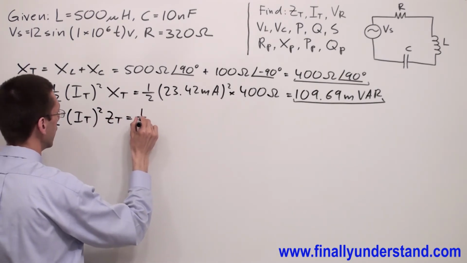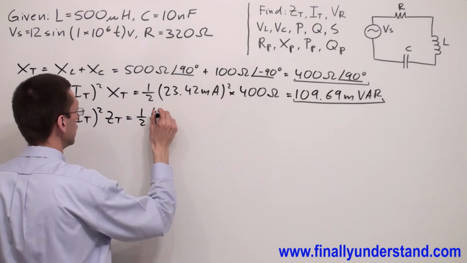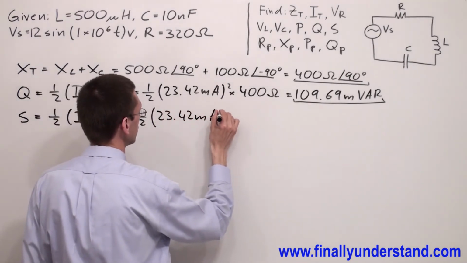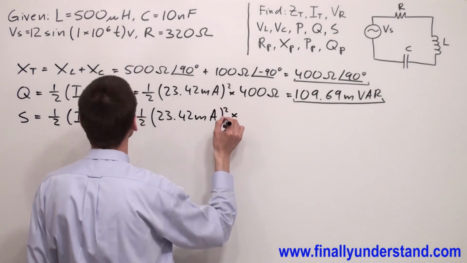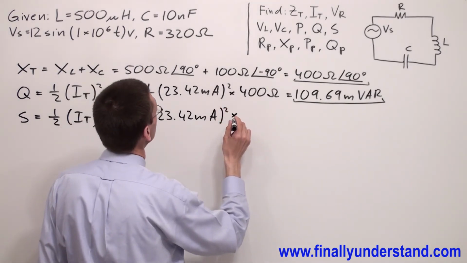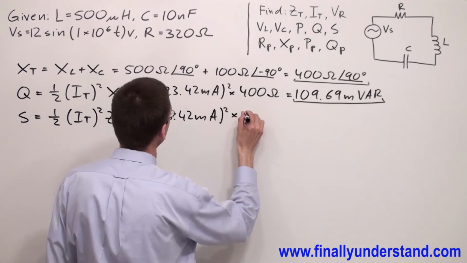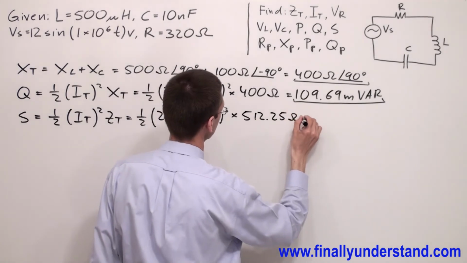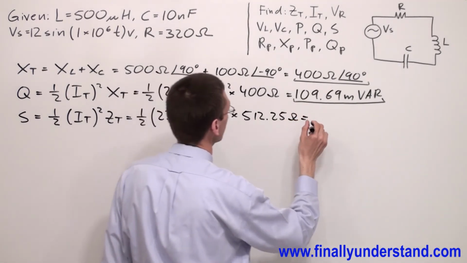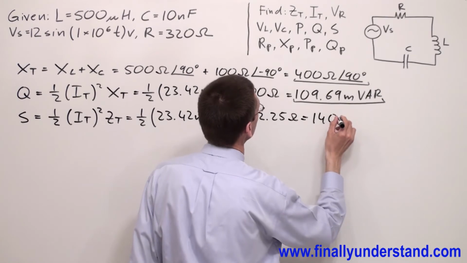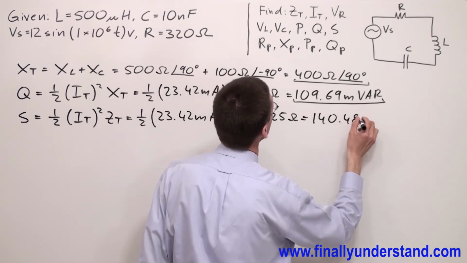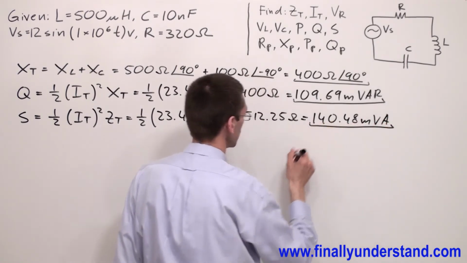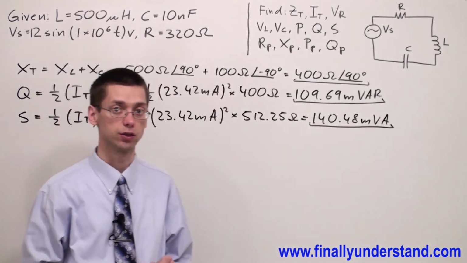This is equal to 1/2 I total, 23.42 milliamps raised to the second power times Z total, which is equal to 512.25 ohms. And this is equal to 140.48 millivolt amp. Okay, so this is the apparent power in my circuit.